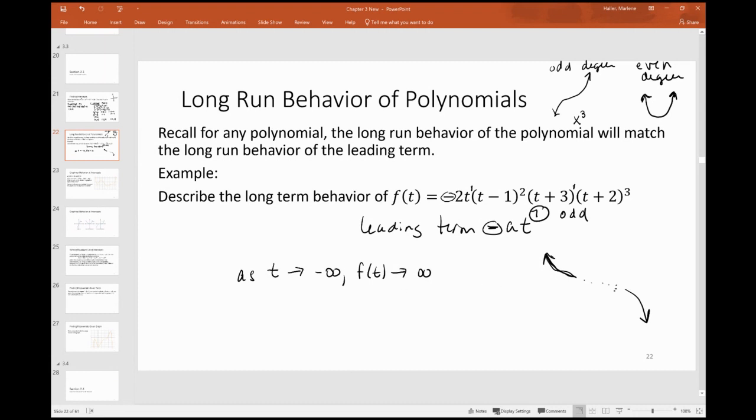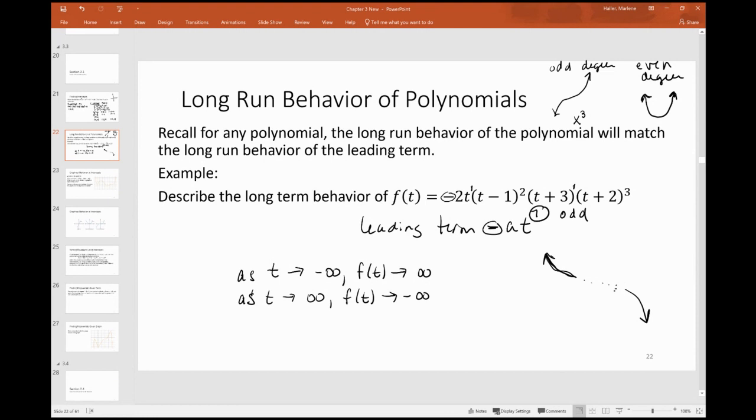As t goes to negative infinity, off to the left here, f of t approaches positive infinity, up. And then also, as t approaches positive infinity, so as t goes off to the right, f of t is going to approach negative infinity. It's going to go down.